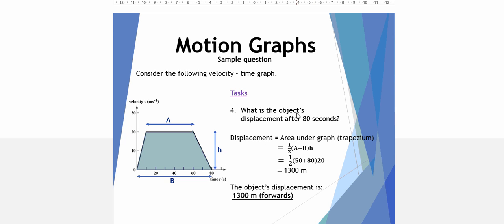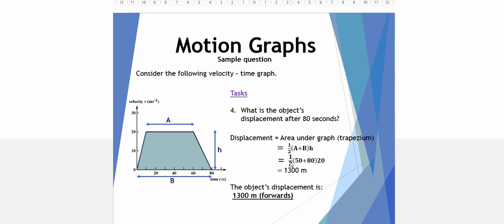Number 4, what's the object's displacement after 80 seconds? Now, displacement from a velocity time graph is the area under the graph. We can see the shape is clearly a trapezium, the area of which is a half (a plus b) times h. A being the smaller width of the trapezium and b being the wider width of the trapezium. So it's going to be a half times 50, which is from 10 to 60. 60 minus 10 is a width of 50, and the larger base is from 0 to 80.